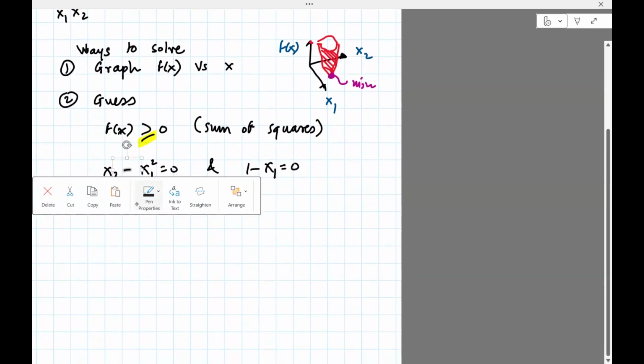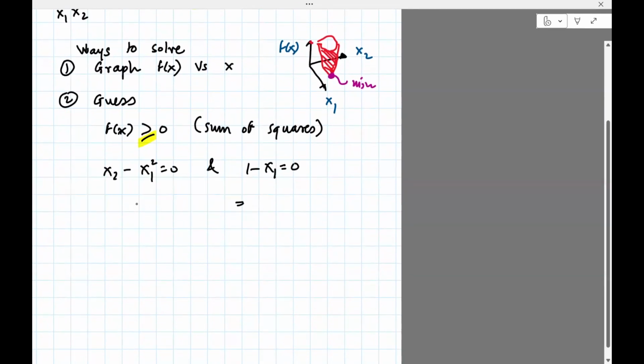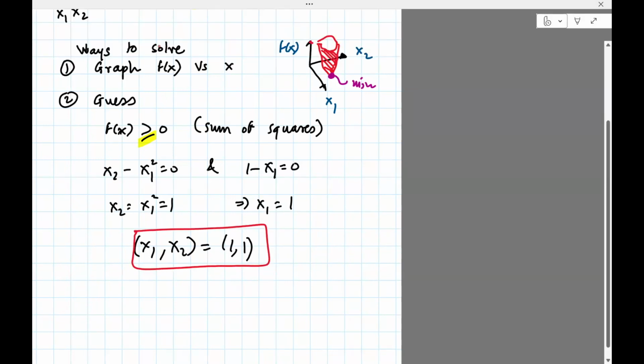And so from there, you can see that x1 equals 1, and then x2 equals x1 squared equals 1. So it seems like x1, x2 equals 1, 1. So this is the optimum. Okay, it was super easy because of what we guessed. But not everything is going to be a sum of squares. It could be something more complex than that.